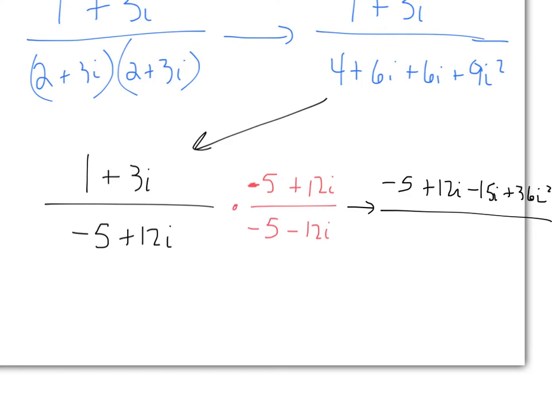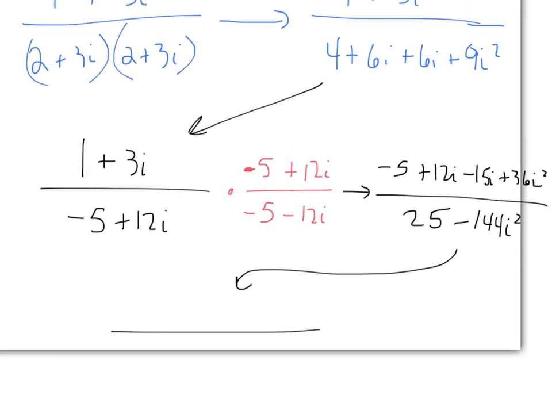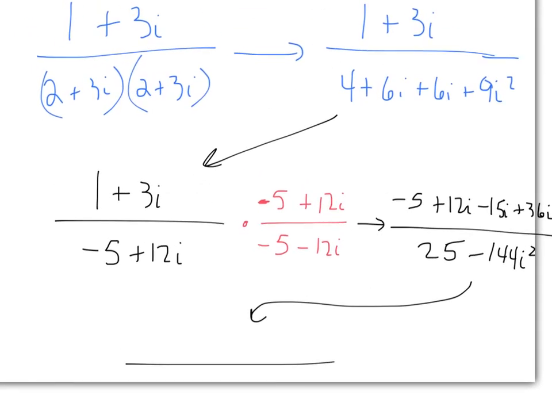Negative 5 times negative 5 is still positive. We kept saying this. The denominator is always going to be positive if we do this the same way. And then it's going to be a minus 144i squared. Simplifying further. Again, that's why I said this is a messy problem. Simplifying even further, what do I have?